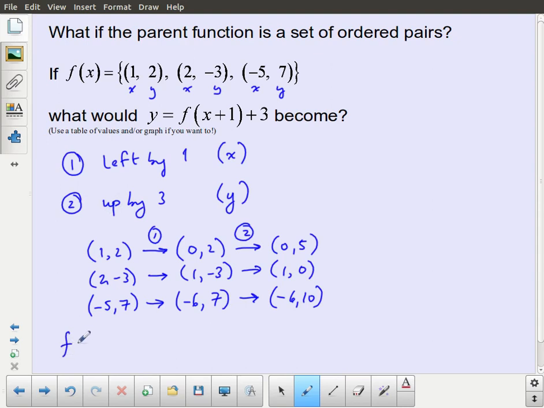So f of x plus 1 plus 3 is equal to the set of points 0, 5, 1, 0, negative 6, 10. So in this case, we only had 3 points to start with. We've transformed them, 3 ending points.